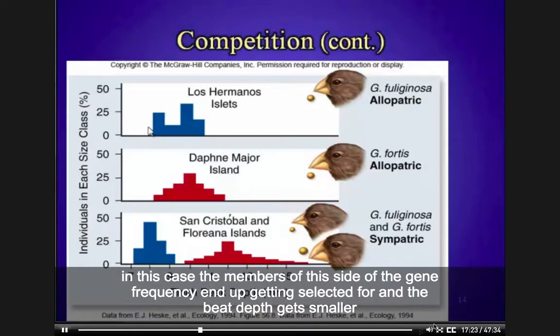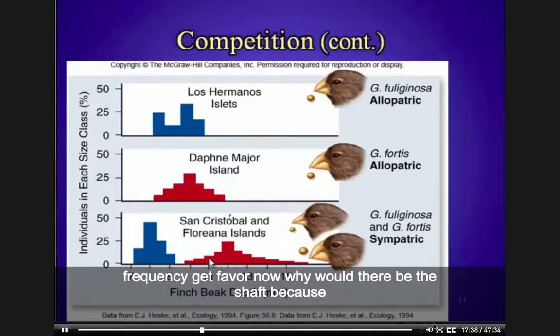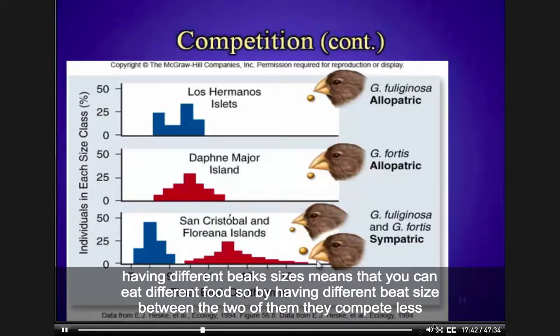In this case, the members of this side of the gene frequency end up getting selected for, and the beak depth gets smaller. And in this species here, the beak depth gets bigger as members from this side of the gene frequency get favored. Now, why would there be this shift? Because having different beak sizes means that you can eat different food.